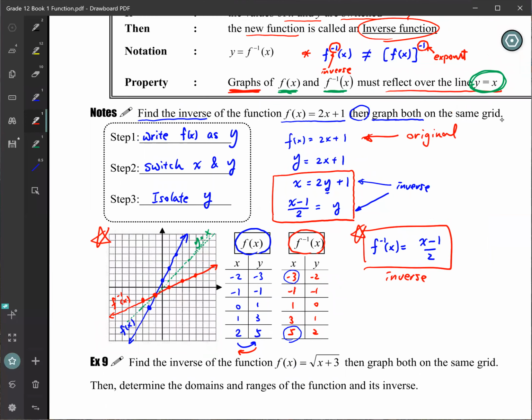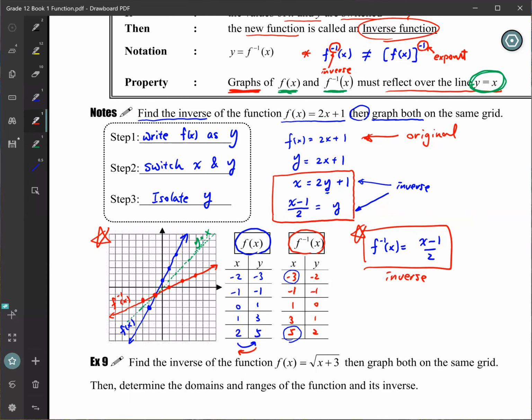I would like everybody to turn on your mic or repeat these steps together. Please turn on your mics, everyone. Okay, so let's say it together.